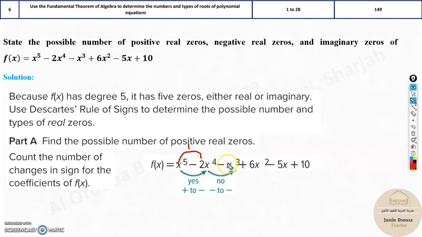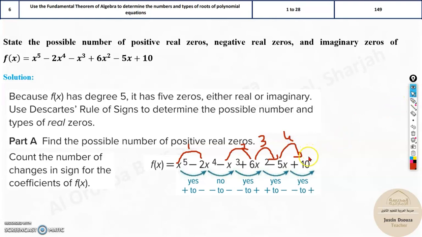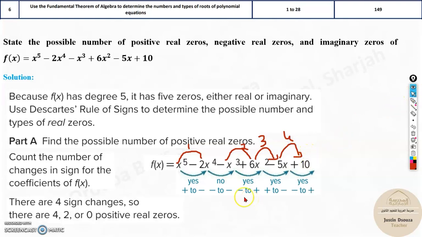It is negative to negative itself. But again, negative to positive, there's another sign change. And then again over here you can see plus to minus, and then again minus to plus. So there are 4 sign changes. This is what you're counting. If 4 sign changes are there, there are either 4 or 2 or 0. It should always be reduced by multiples of 2.